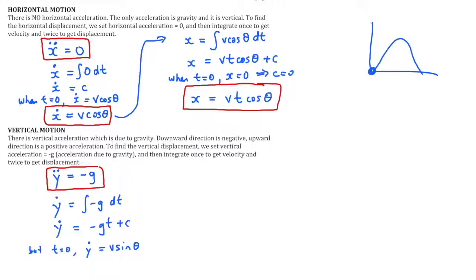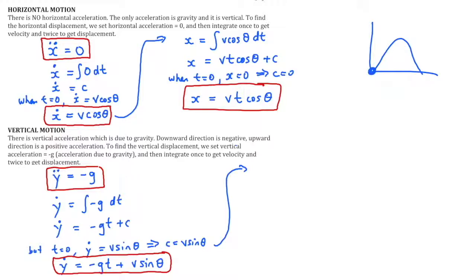Which means if I plug in t equals 0, I get y dot, the vertical velocity, is equal to c, so v sine theta equals c. That means my vertical velocity will equal minus gt plus v sine theta. And there is a second piece of work.